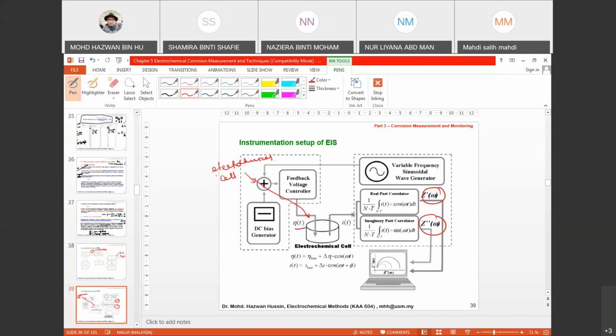Since I said to you that the process itself undergoes in an AC system, alternating current at different frequencies, if you learn physics, what would the response to frequency be? Anyone knows?